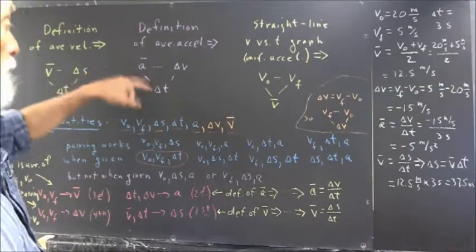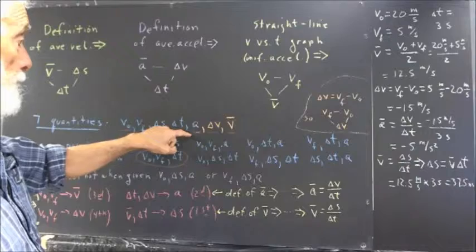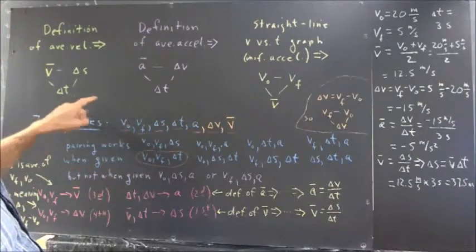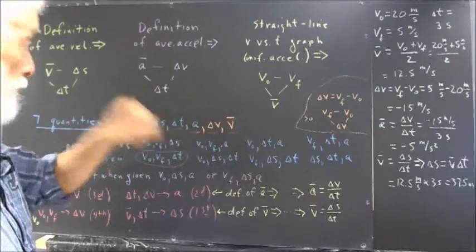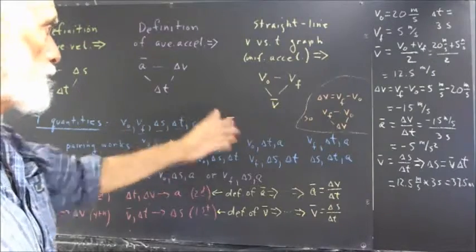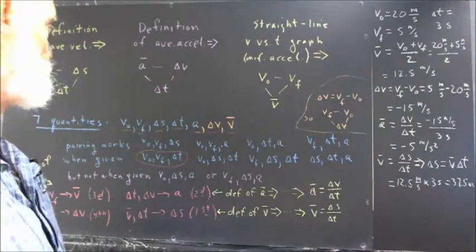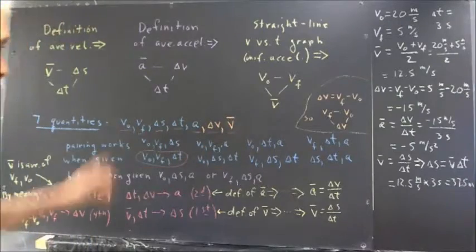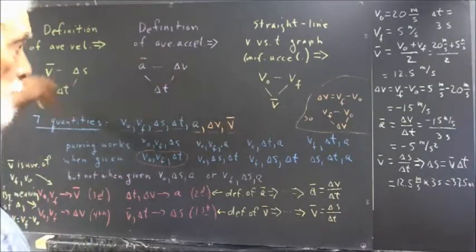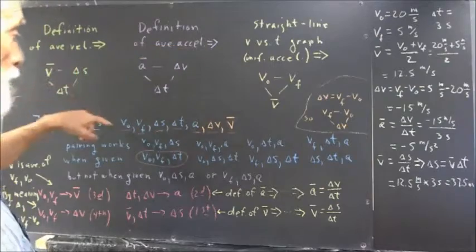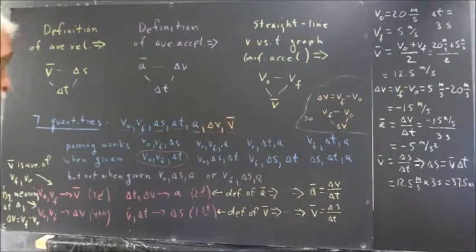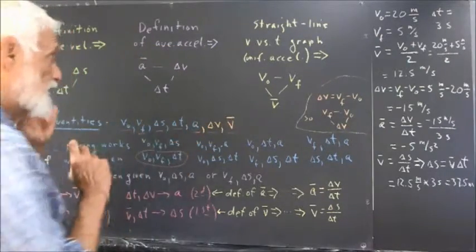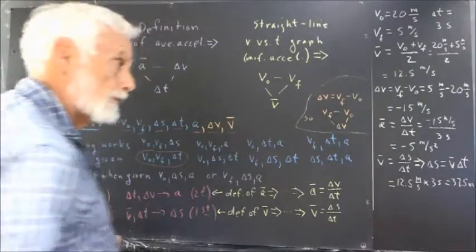Anyway, we add A to the list, and we already had delta T, but we didn't have delta V, so we add delta V. So now we have just about everything except V bar. And now if we list all the variables in these 3 triangles here, we have this list. Now I write 5 of them in a different color than the last 2.